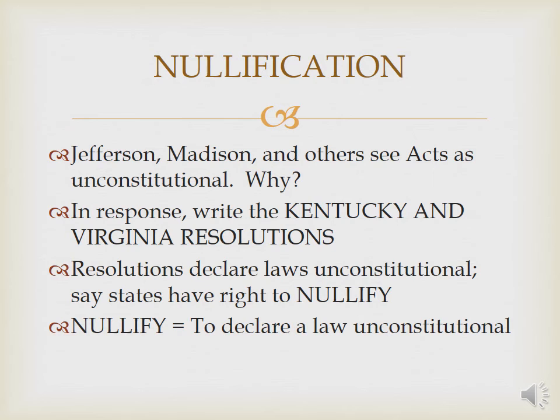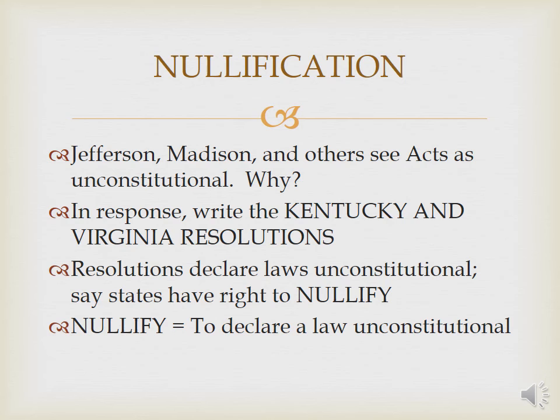So, nullification. Thomas Jefferson and James Madison and others see these two acts as unconstitutional. Why? I kind of just gave those answers on the last slide. You can't deny someone entry into the United States, and you can't imprison someone for speaking their mind or having a different opinion than you. So in response to these two acts, the states of Kentucky and Virginia write resolutions, historically named the Kentucky and Virginia Resolutions.